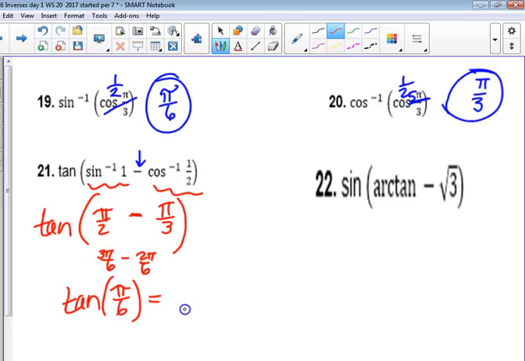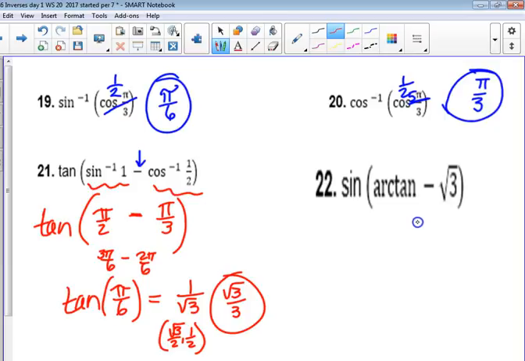The y value over the x value. The coordinate at pi over 6 is square root of 3 over 2, 1/2. So it's y over x, which is square root of 3 over 3, which is what he said. Yes? We all agreeing? Okay.